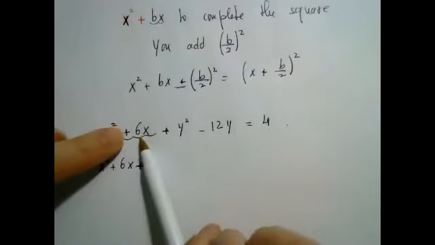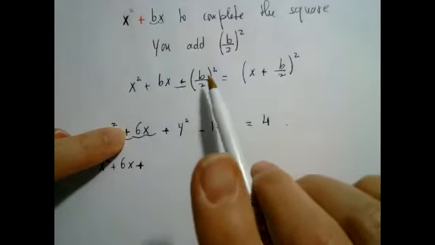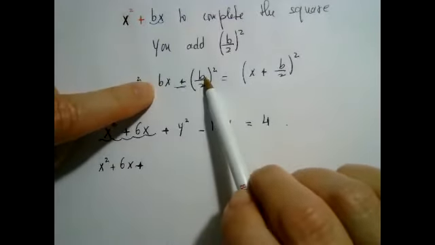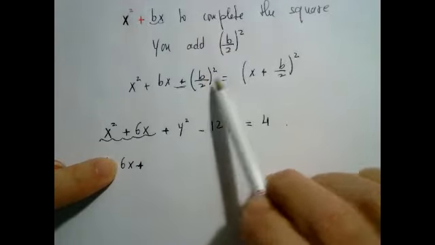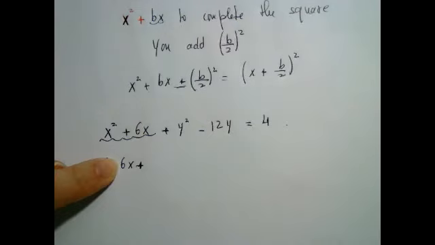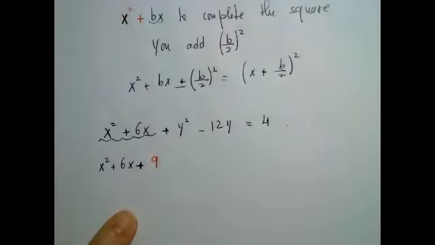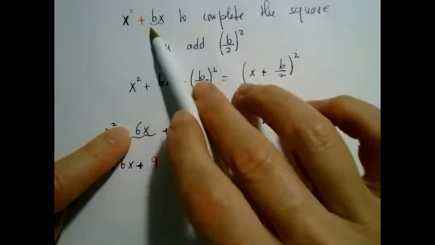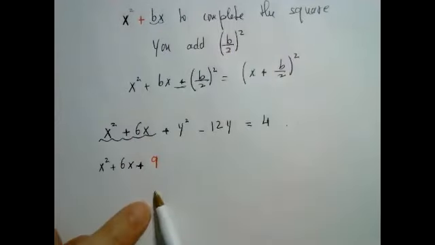X is multiplied by 6. So no, it's not 12. What's x multiplied by? 6. It's 6 over 2, which is 3. 3 squared. What you add is the 9. The b is 6, 6 divided by 2, that's a 3 squared. That's exactly what you add.